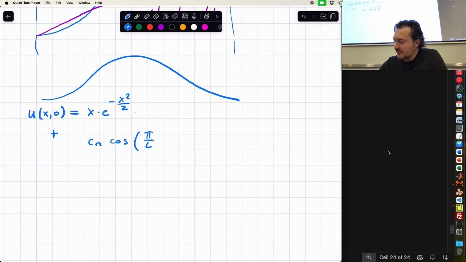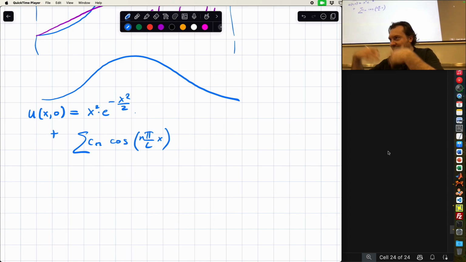Let me actually write it like this. Sum of cosines, right? Do you agree with this, first of all? Let's say this is also an even function, okay? In this case, we can write it as sum of sines. Okay. Let's say it's like this, or something that is even and can be written, okay? Now, the solution of the heat equation is very easy.